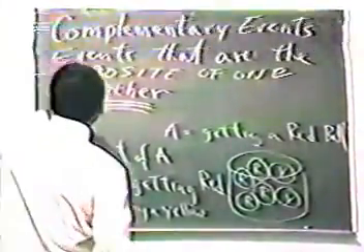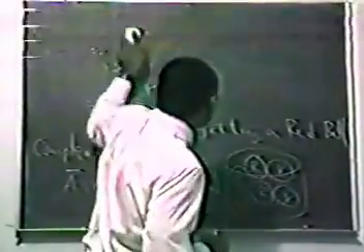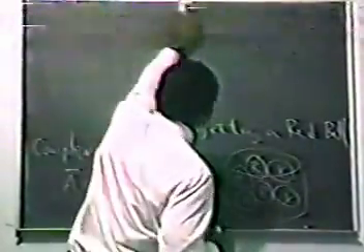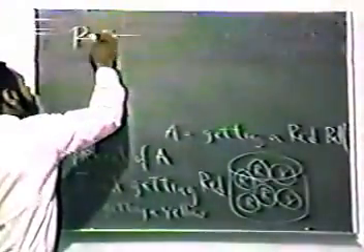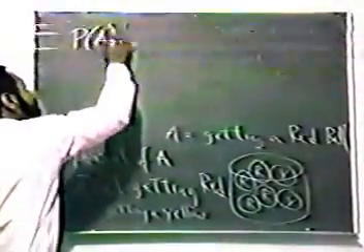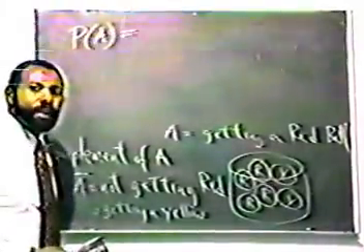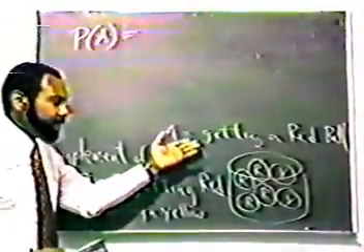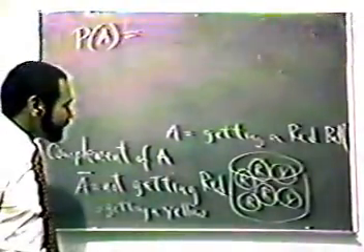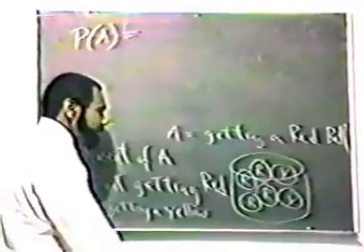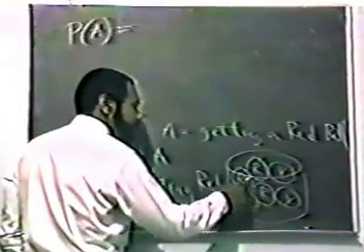Now, let's look at the probability of A, and the probability of the complement of A. First, the probability of A. A represents the event of getting a red ball. To get the probability for A, we look at the possible successes for A, getting a red ball.